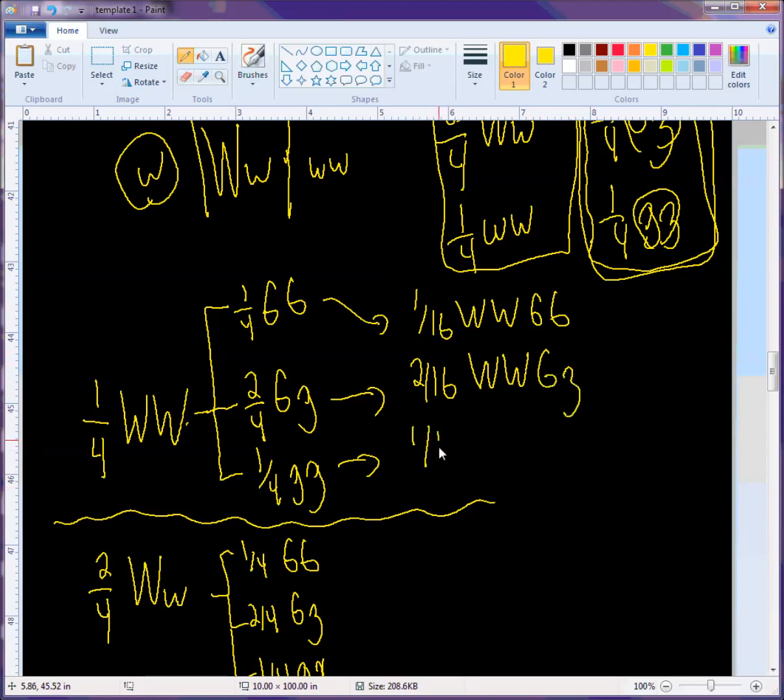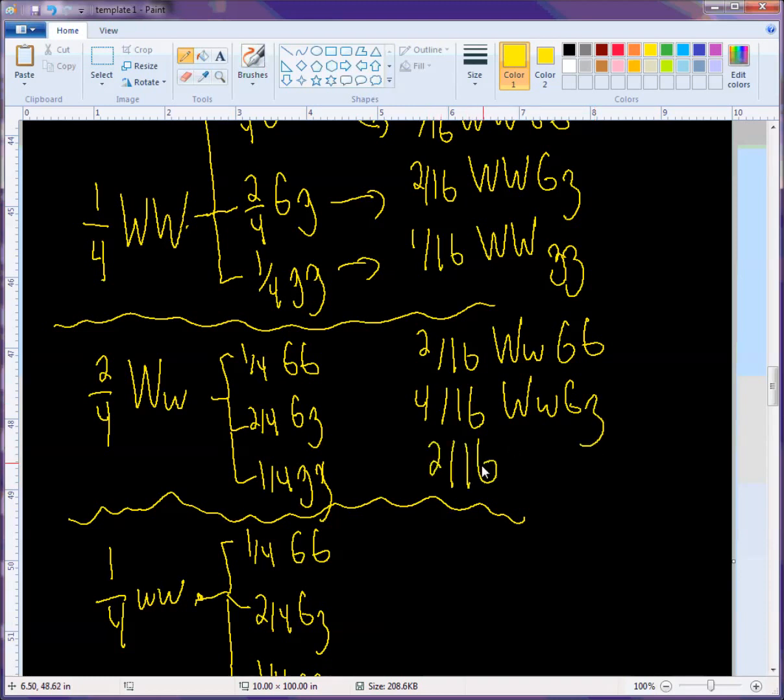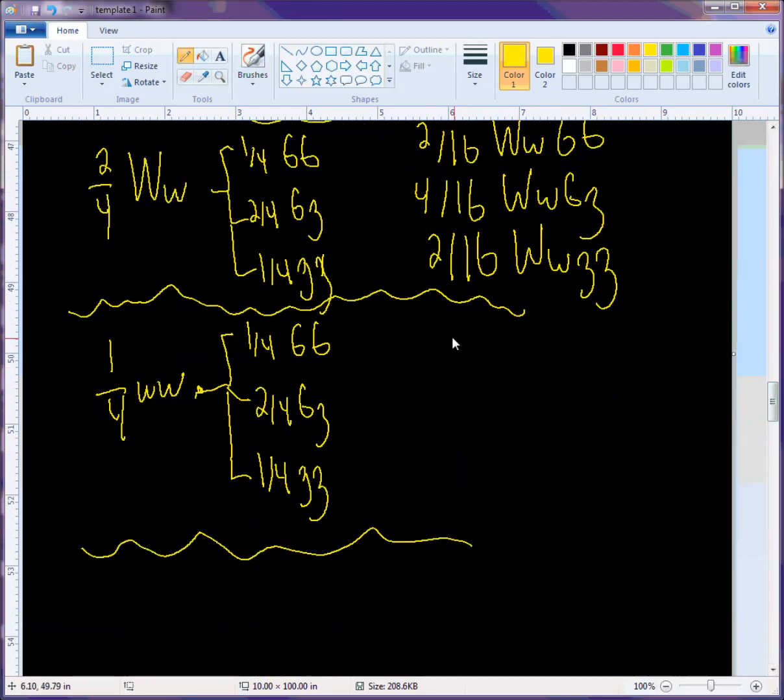This is going to be 1 out of 16, two big W's, two little g's, and 2 out of 16, big W, little w, two big G's, 4 out of 16, and then 2 out of 16, and 1 out of 16, little w's, big G's.